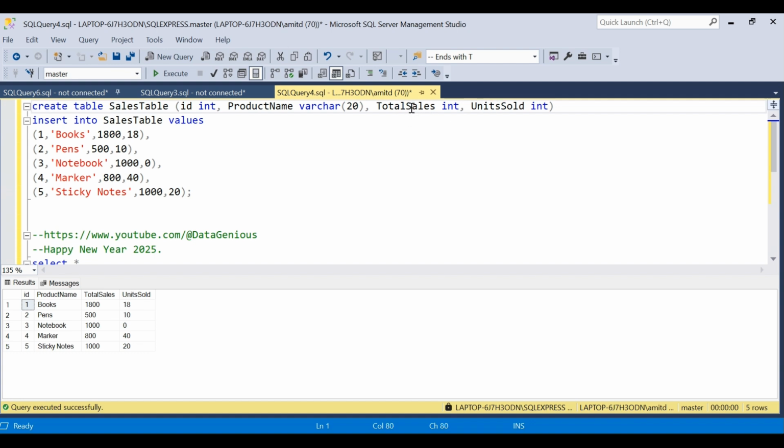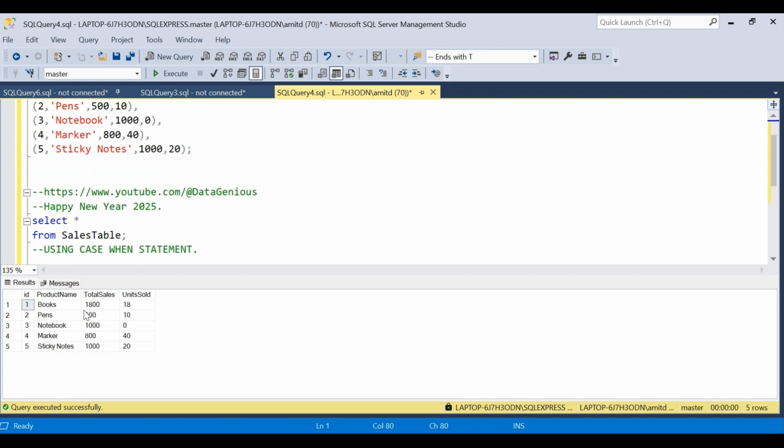Total sales is nothing but the total sales made by that particular product, and the unit sold is nothing but how many products were sold. In this example, the product name is book, total sales is 1800 and unit sold is 18. That means the price of one book is 1800 divided by 18, that is 100. Similarly for pen, the price of one pen is 500 divided by 10, that is 50.